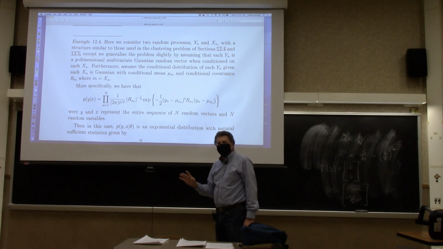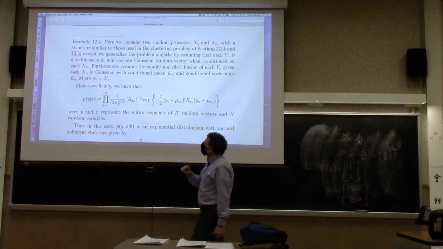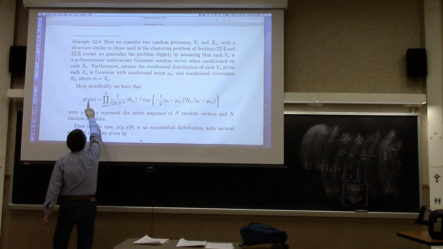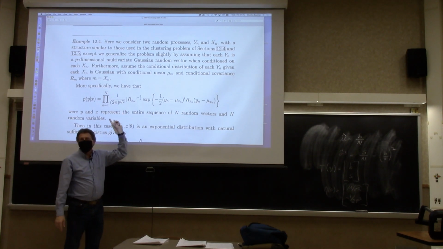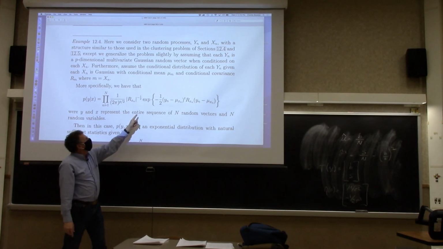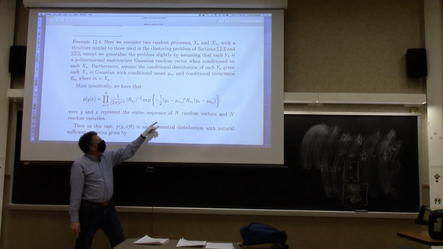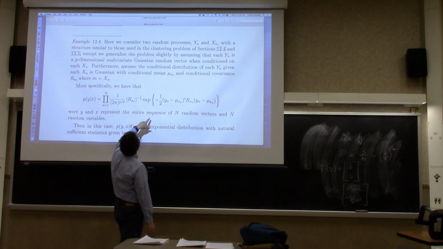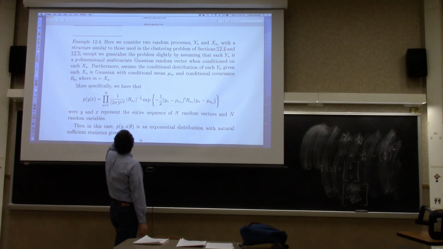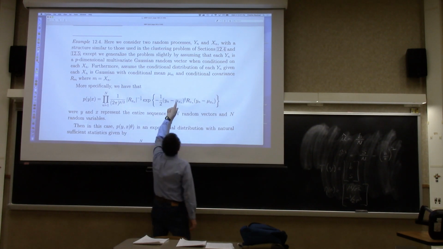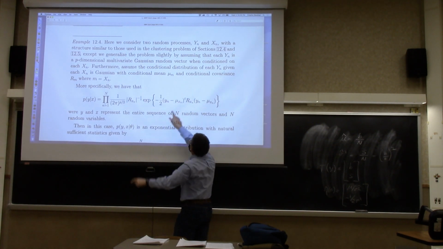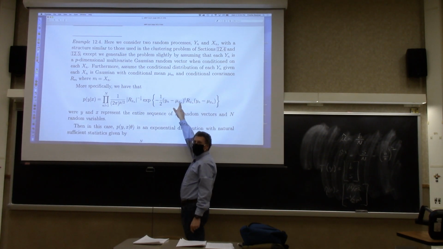If you know the x's, then they're independent, and their conditional distribution is conditionally normal with mean, not just mu and sigma, it's mu sub m. But m here is x sub n, because x contains the label of the nth sample.